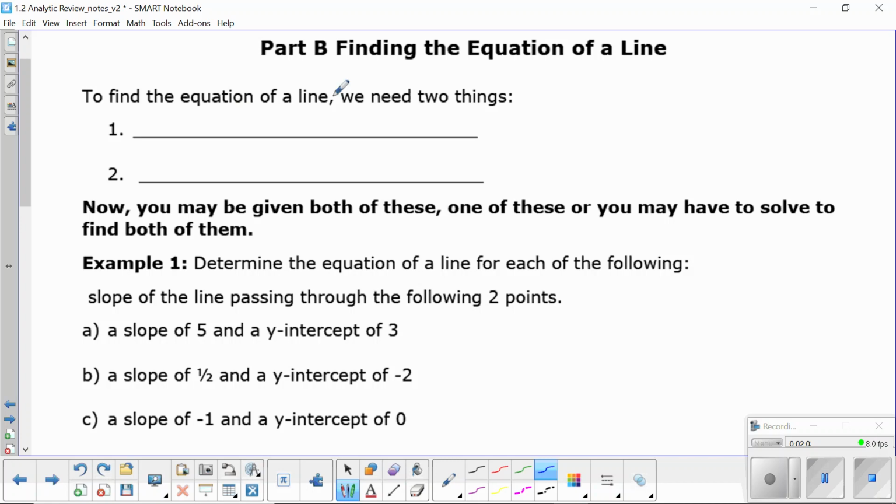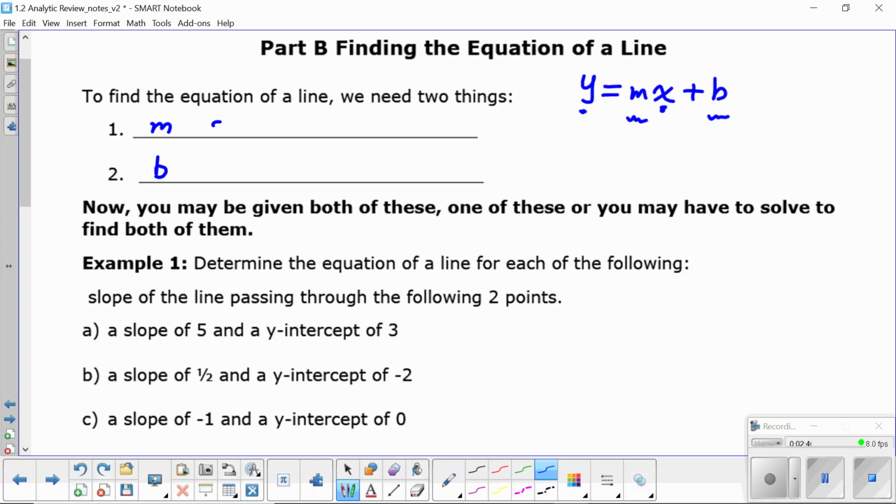To find the equation of the line in slope-intercept form, besides the x and y, which are always there in the equation of a line, the m and b for a particular line are numbers. So to find the equation of a line, if we have the slope and the y-intercept, we can just sub in and we will have the equation of the line.